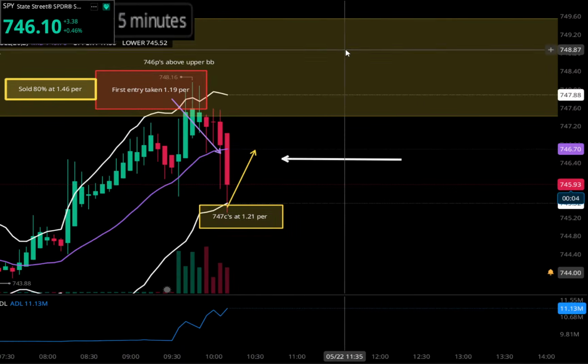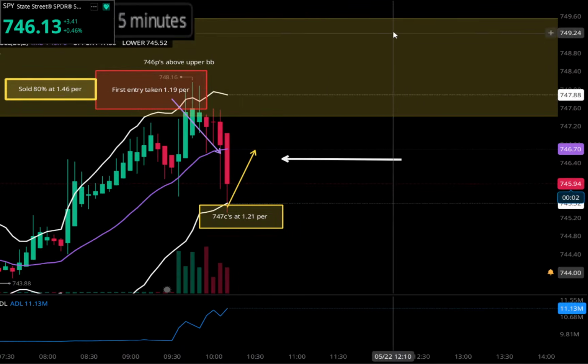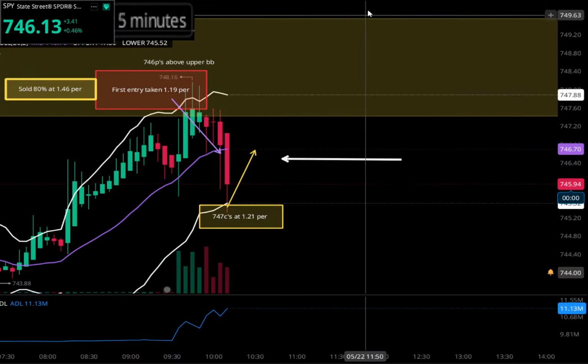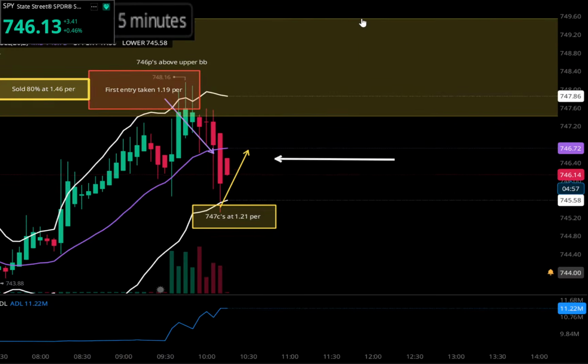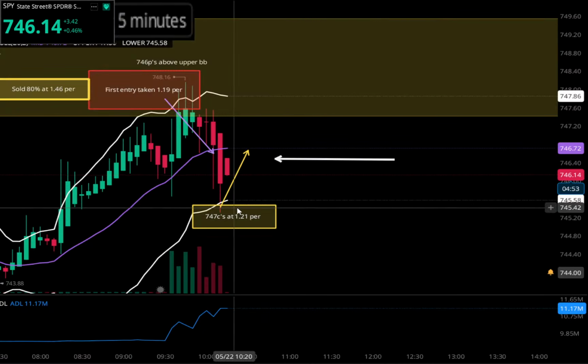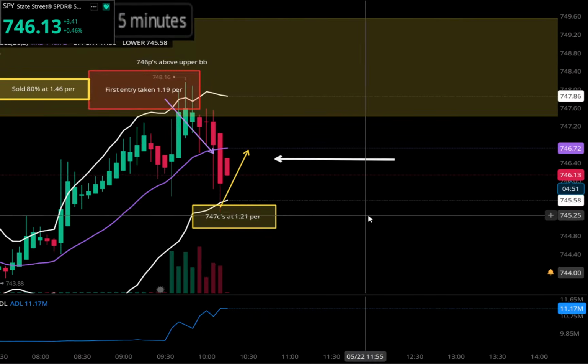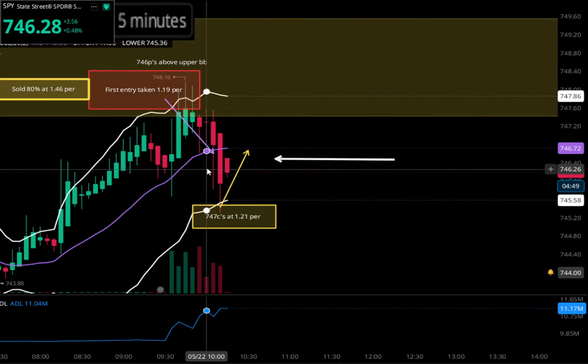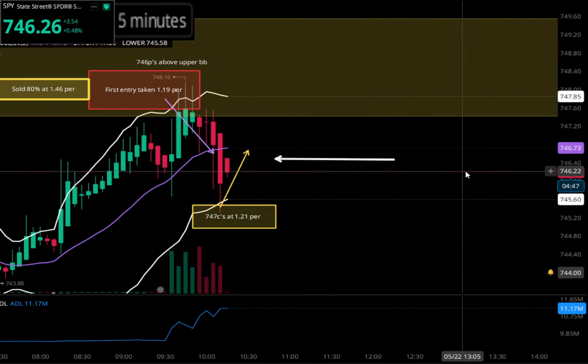Now, I do have a little bit of a call bias today because you can see this big yellow block right here. There's a major cup towards the top of the 749.60. So I will be trying to target that. And our calls are starting to head upward. Currently my calls are up 17%.